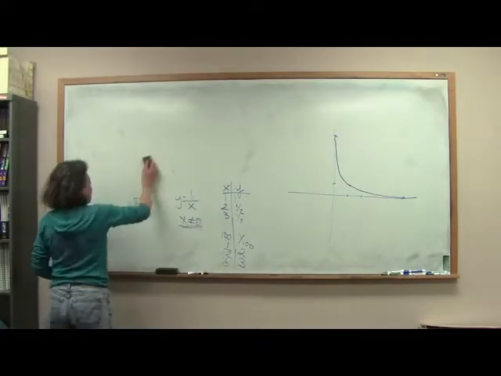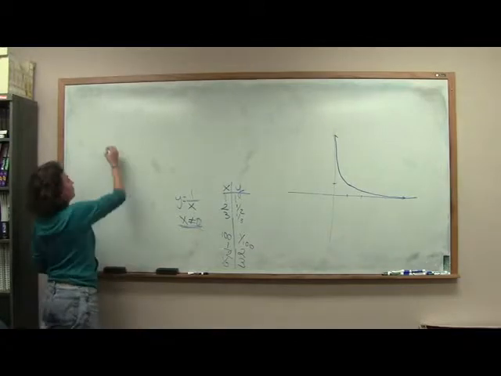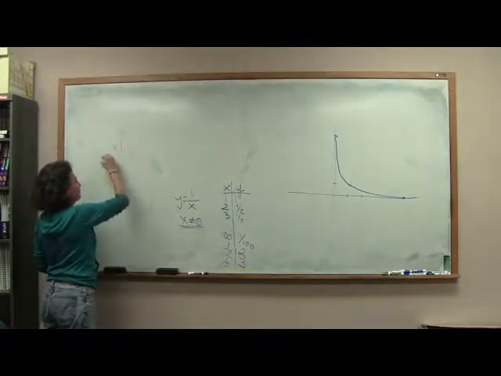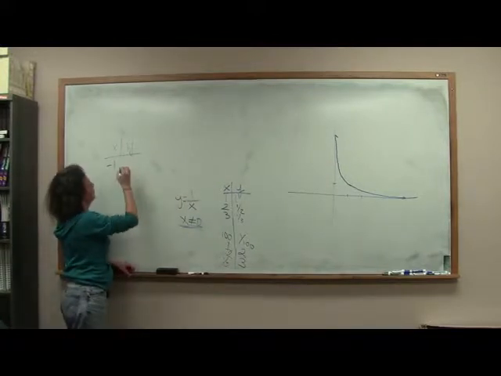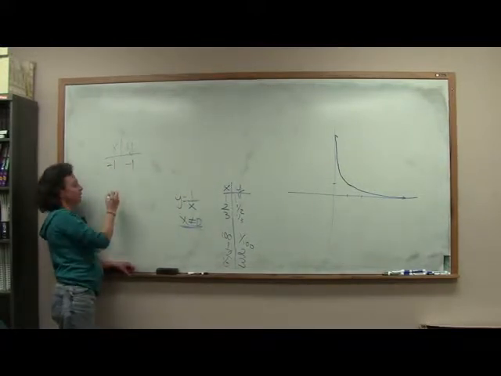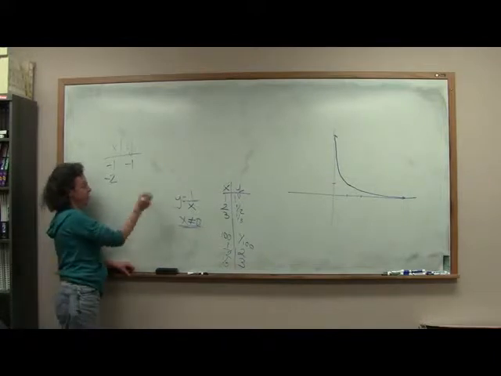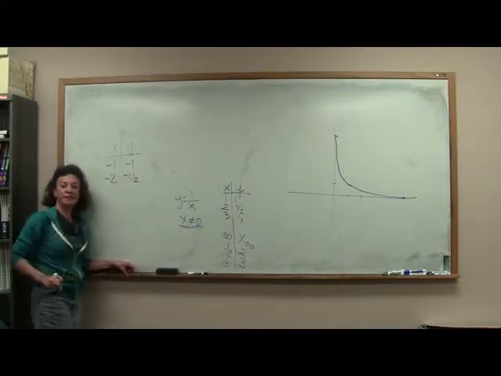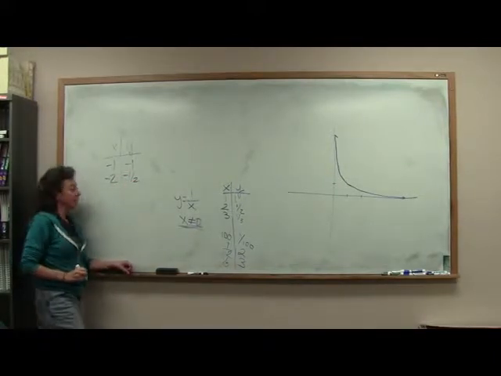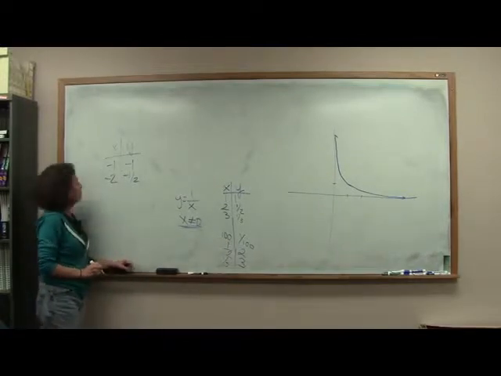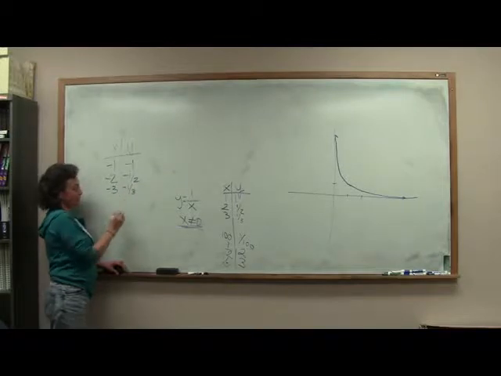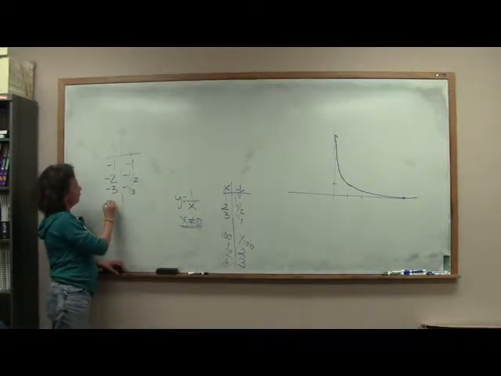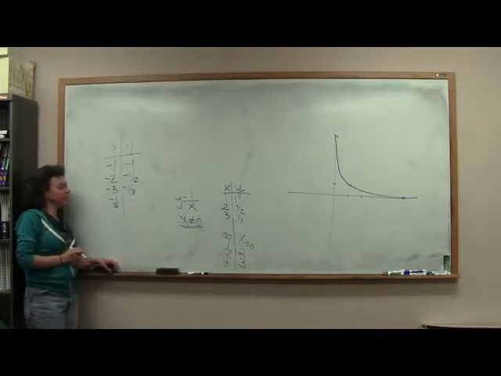So let us make a t-table for our negative portion. If I plug in -1, well, 1 over -1 is -1. If I plug in -2, I get -1/2. Very similar thing going on here. If I plug in -3, I'll have -1/3. Now, what happens if I plug in -1/2?